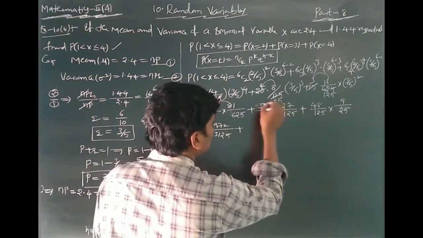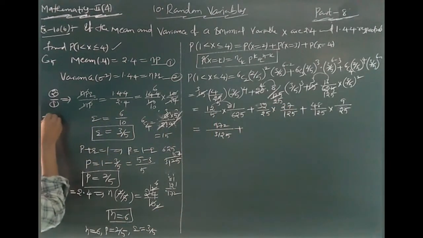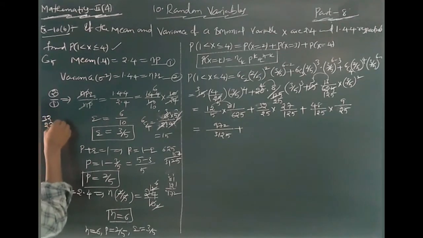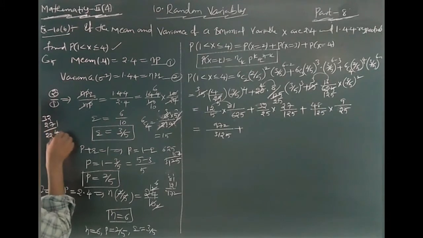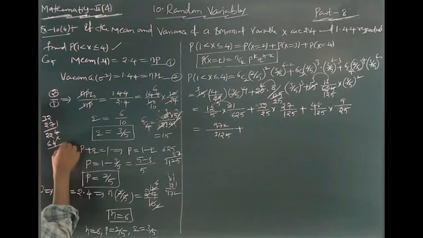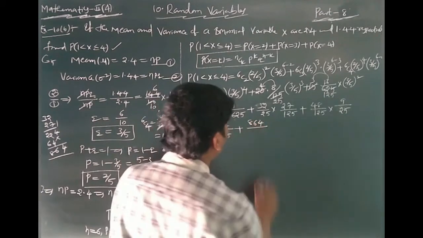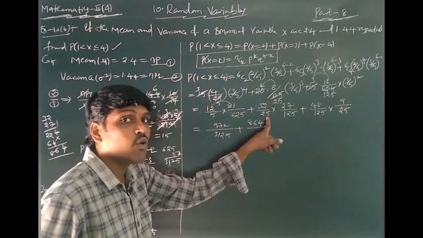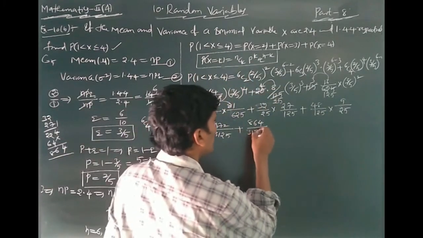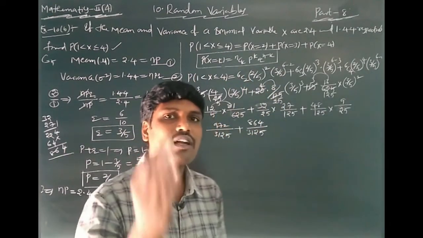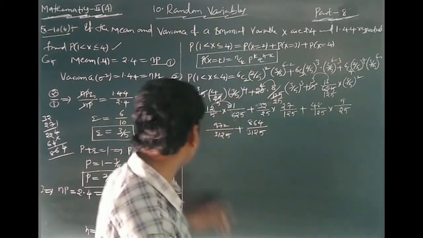Plus 32 into 27: 7 2s are 14, 7 3s are 21, plus 1 gives 22, 32 2s are 64, you get 864 by 125 into 25. Similarly you can write 3125, since 125 into 25 is 125 into 5 into 5, which is 625 into 5, already explained.